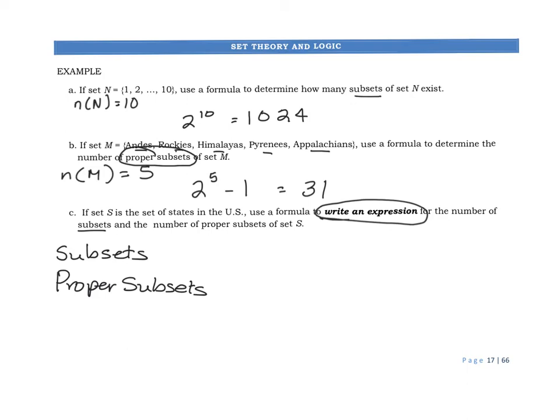For set S. So if it's a number of states in the U.S., oops, wrote that incorrectly. Our cardinality is 50, so subsets, we're just going to say 2 to the 50th power, and all we have to do for the proper subsets is 2 to the 50th power and subtract 1.